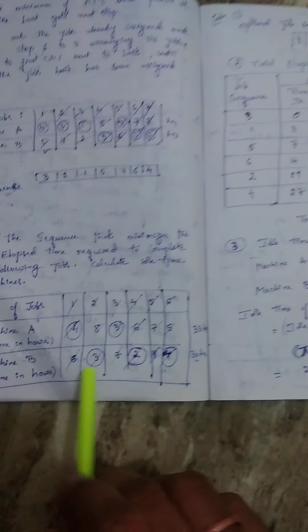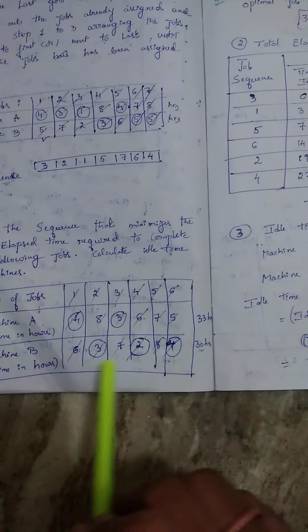Next, which is the smallest working hour? Here 3 is there, 3 working hours in machine A, and machine B also has 3 working hours.